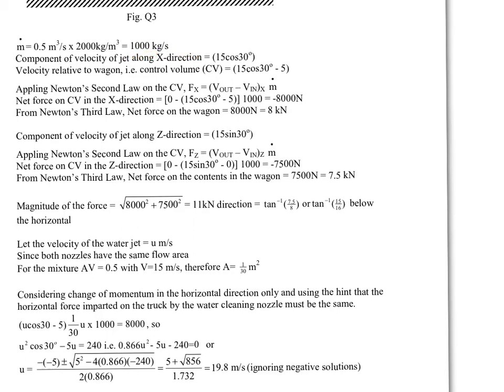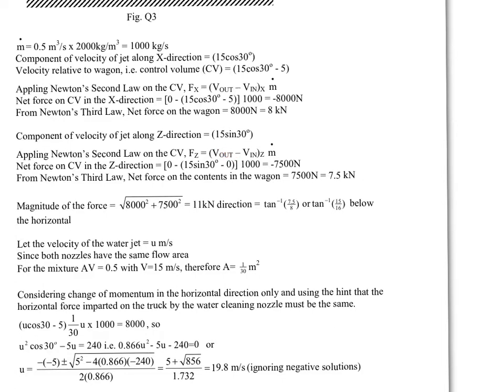Let's now consider the vertical component, because the vertical component adds to the vertical force having a tendency to press down onto the track. We need to find the resultant force, so we apply Newton's second law to the control volume in the z direction, exactly the same. Velocity leaving outwards in the z direction is zero.